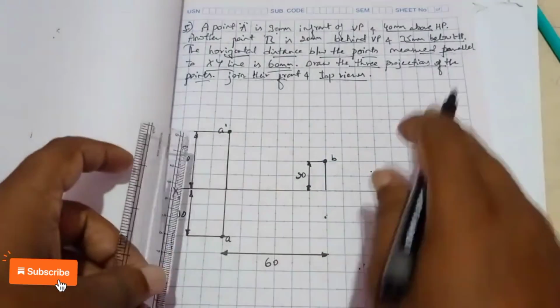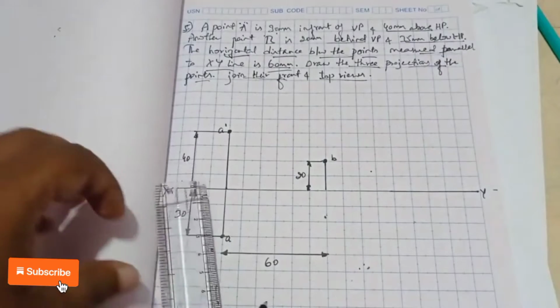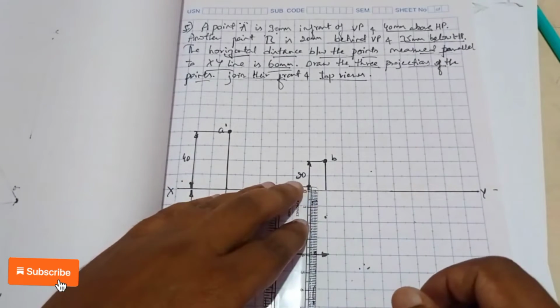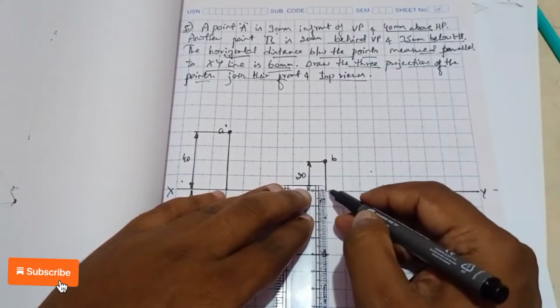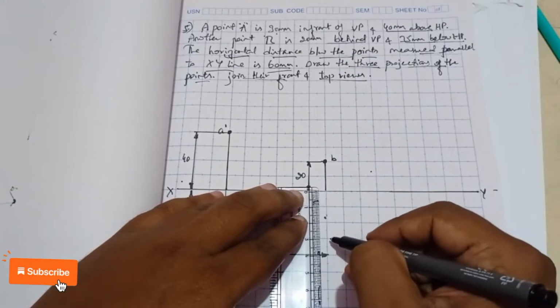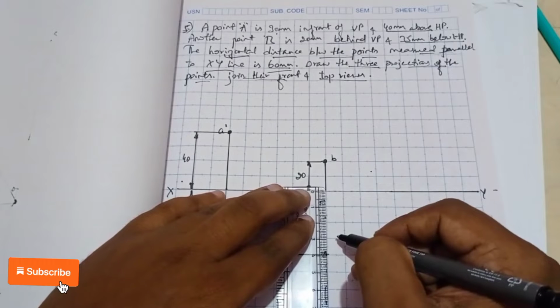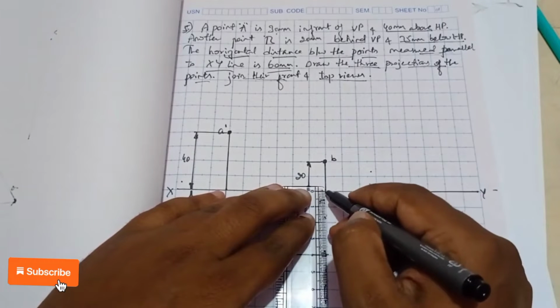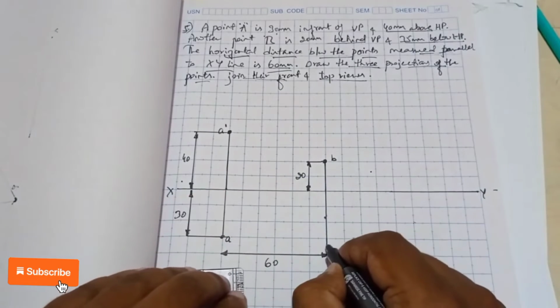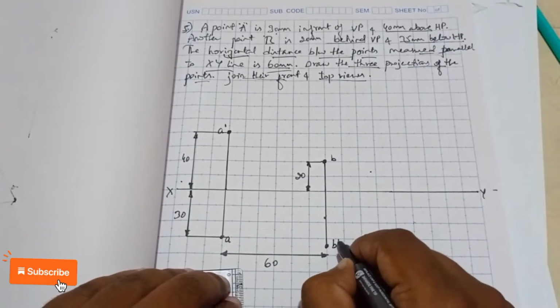In the same way, 35 mm below HP means it is a front view. In the third quadrant we get the front view below the XY line. So 35 means 3.5 boxes: this is 1, 2, 3, and 3.5 means we extend till here. Use the scale or the box, no problem, you will get the same length. This point is B dash.